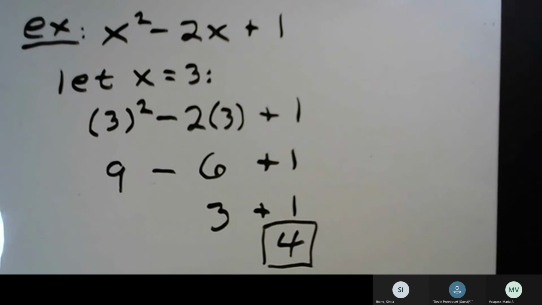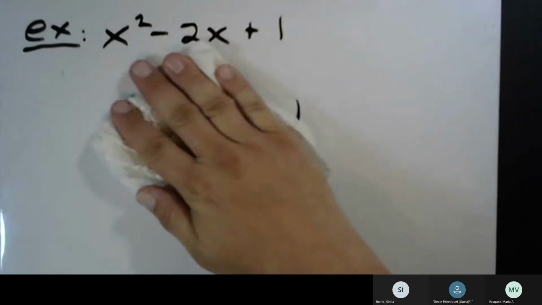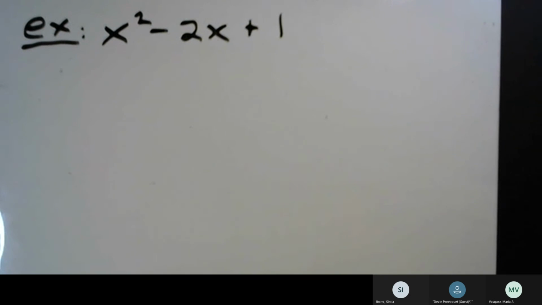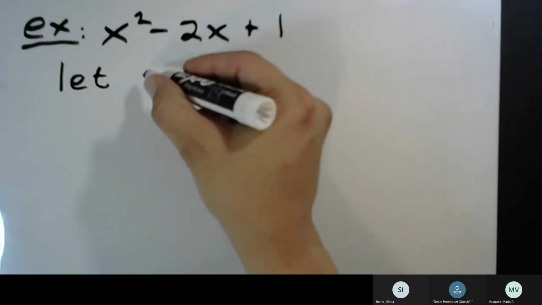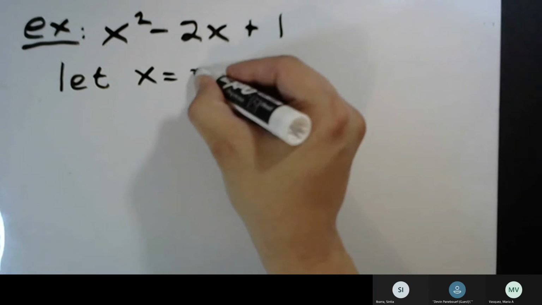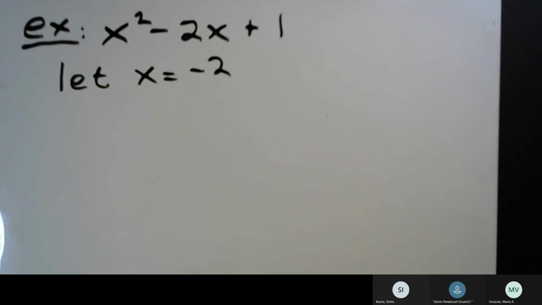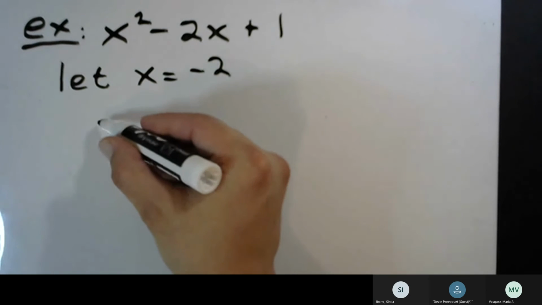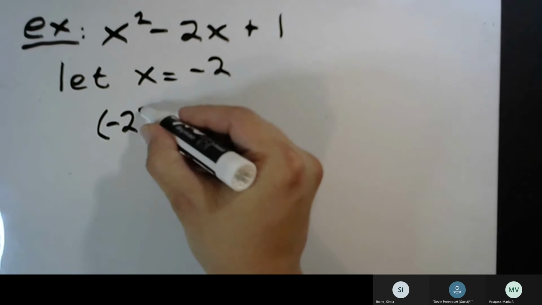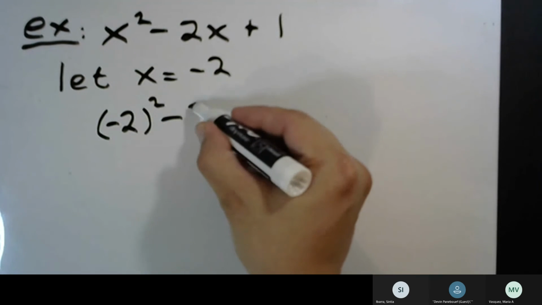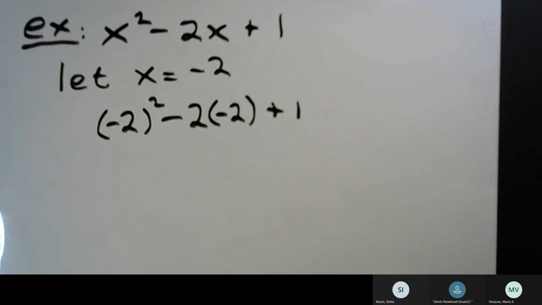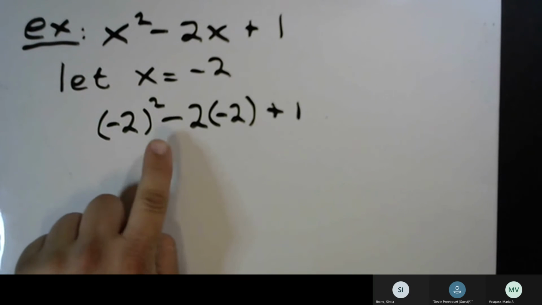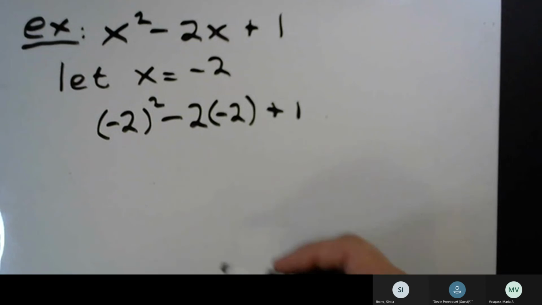Now let's change it up a bit. Let's say x is -2. So now everywhere there's an x, we're going to replace it with -2. So -2 squared, that's -2 times -2.